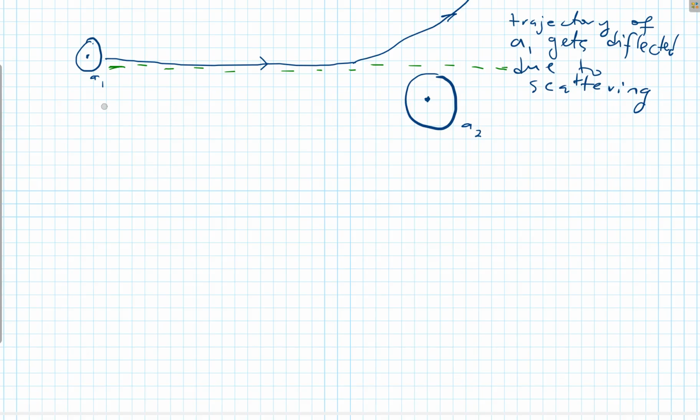And if we draw another line parallel to this trajectory of A1, which is undeflected, and going through the center of molecule A2, then the distance between these two parallel lines is the impact parameter, which is called B. Okay, I hope this is now clear.